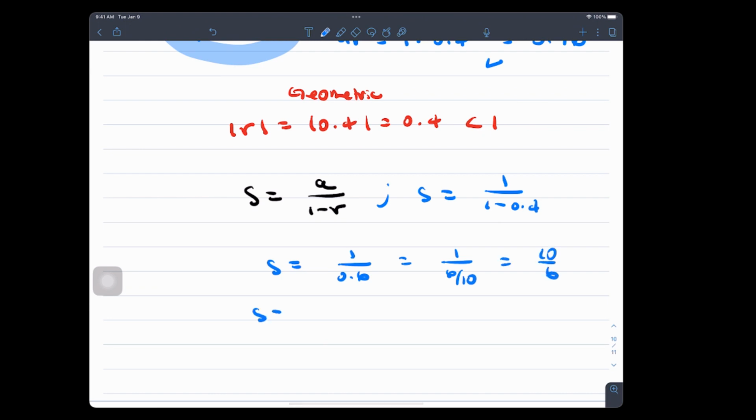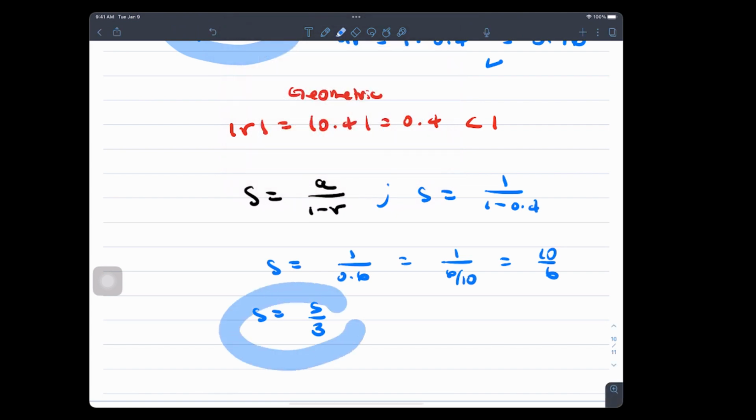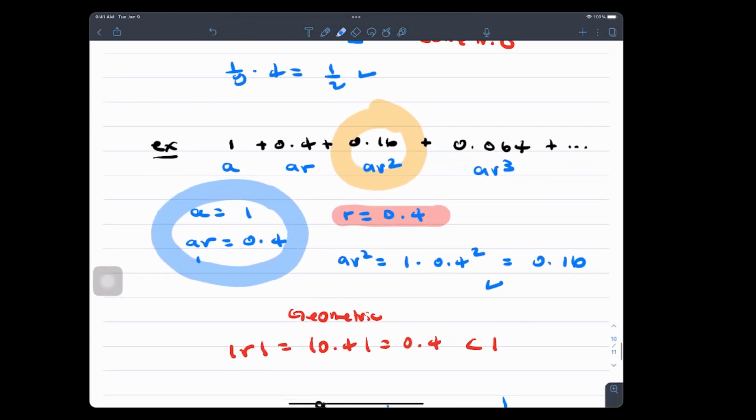So that sum reduces to, looks like it's 5/3. So double check my arithmetic, ladies and gentlemen. But you guys have the sum. That's 5/3.